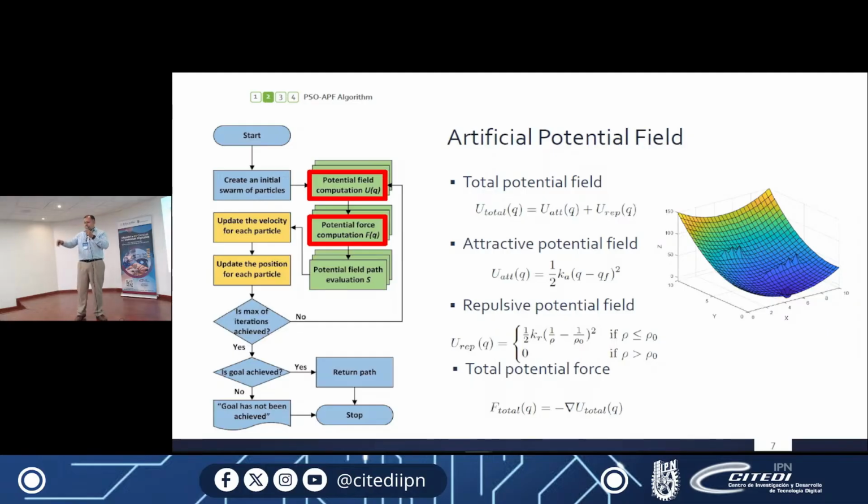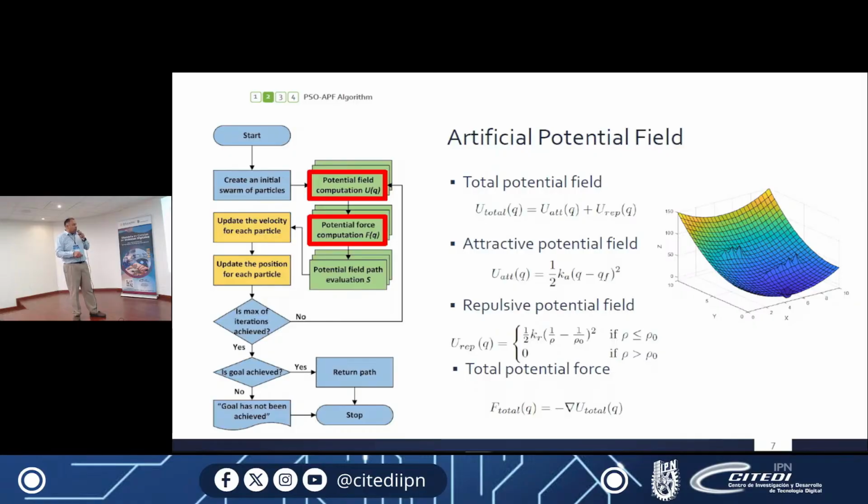And every obstacle, the chairs, the tables, we pull up, creating hills or mountains. So if the mobile robot is a drop of water, by gravity, it will find the goal. It's a simple analogy to explain these equations that represent the artificial potential field.